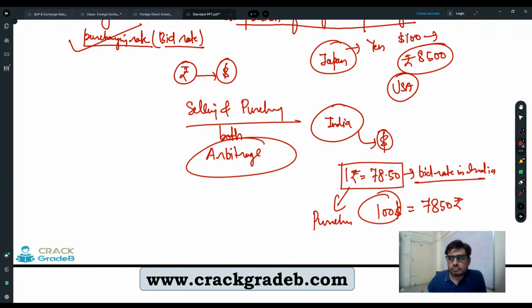For example, in the very simplest terms, you found that at a particular place the price of apple is 100 rupees, whereas at another place, just 10 kilometers away, the price of apple is 150 rupees, right? The same kind and quality of apple.